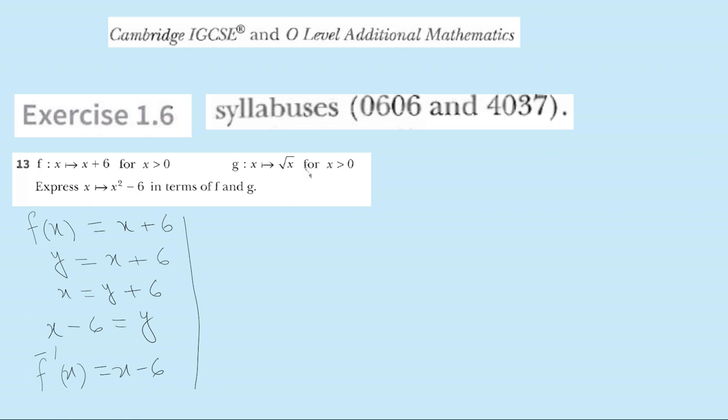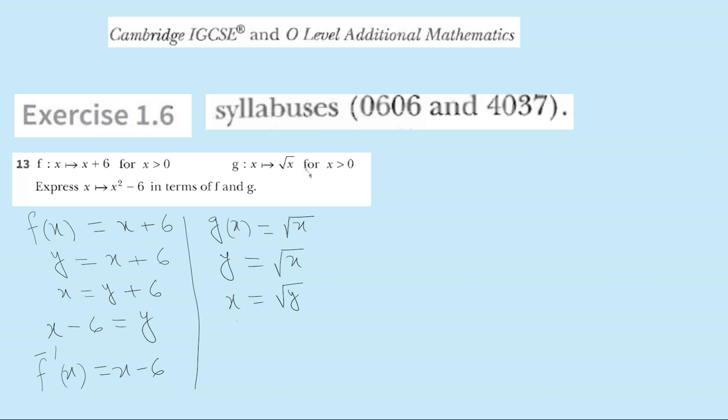Now we are going to find g inverse x. So g of x is given as root x. Again, apply all the steps. Replace this g of x by y. Interchange x and y, so x is equal to root y. And then make y the subject. Whenever we make y the subject, we should eliminate the square root.